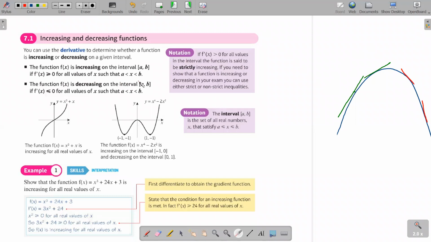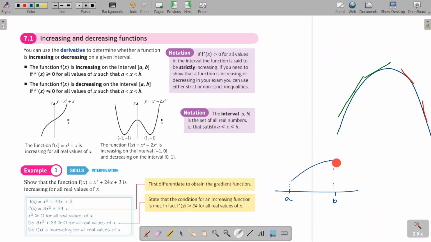Basically what they're trying to tell you is, let's say we have this interval of x values starting at a and ending at b, and my graph moves from a to b.